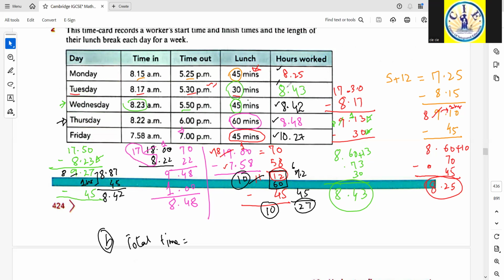So this is 8 4 times, 32 plus 10, that is 42 hours. And now let's look at the minutes. 25 minutes plus 43 minutes plus 42 minutes plus 48 minutes plus 27 minutes.